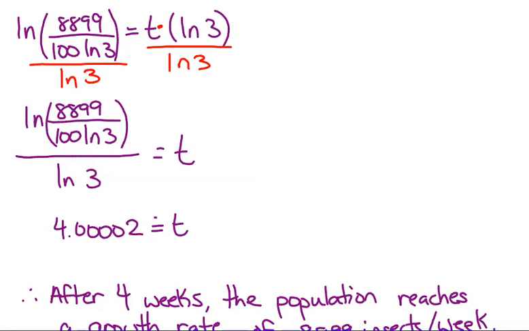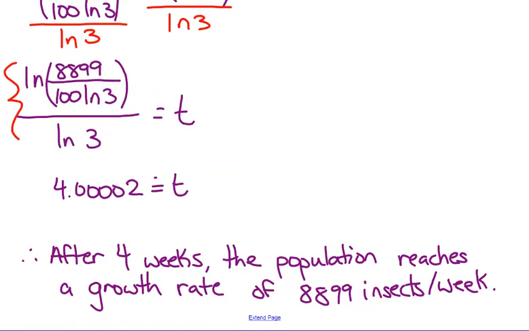And so I come up with a ginormous fraction that I can then enter into my calculator and get approximately 4.00002. That means after 4 weeks, the population reaches a growth rate of 8,899 insects per week. I'd probably just round that to an even 4 weeks.